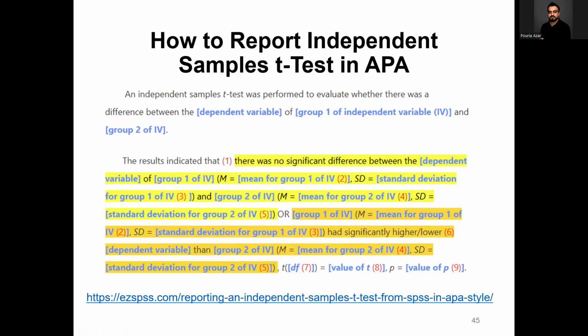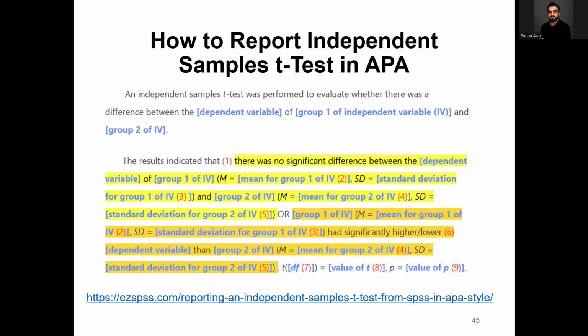So this is how to report independent sample t-tests in APA style. An independent sample t-test was performed to evaluate whether there was a difference between the dependent variable of group 1 and group 2. The results indicated that there was no significant difference between the dependent variable of group 1, and then I report the mean and standard deviation for group 1 and the mean and standard deviation for group 2, had significantly higher or lower and so on.